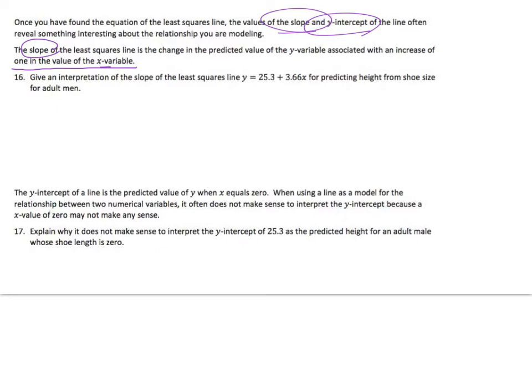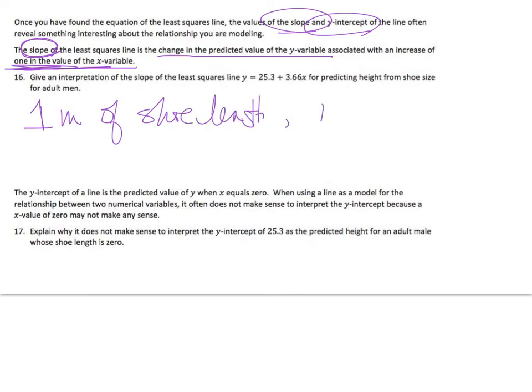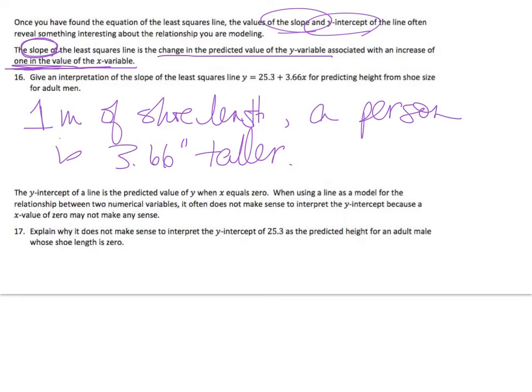So given an interpretation of the slope of the least squares line, that means for every 1 inch of shoe length increase, a man is 3.66 inches taller. So for every 1 inch larger of shoe length, the person is 3.66 inches taller in height.